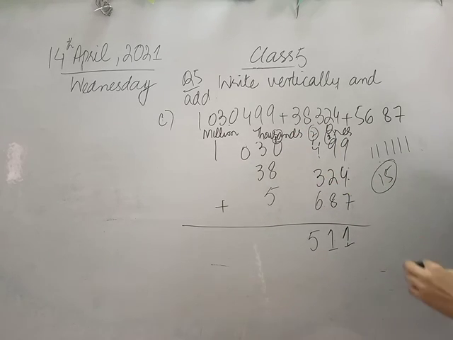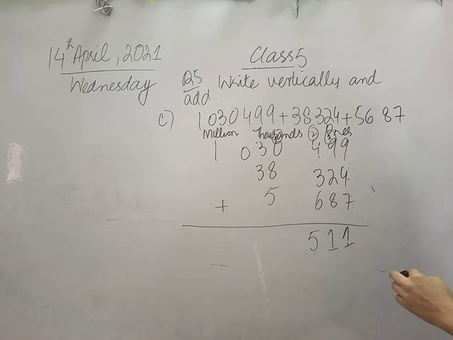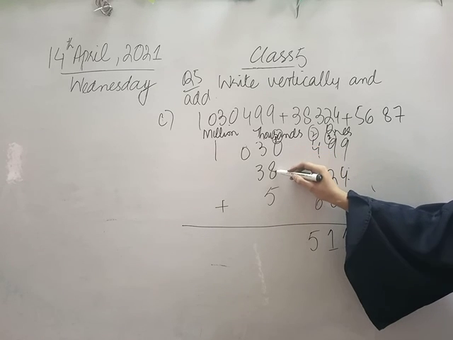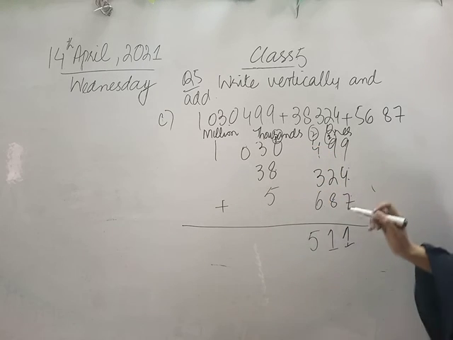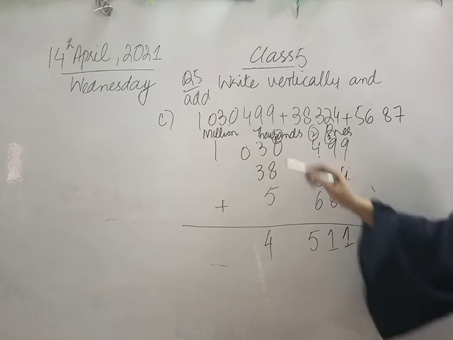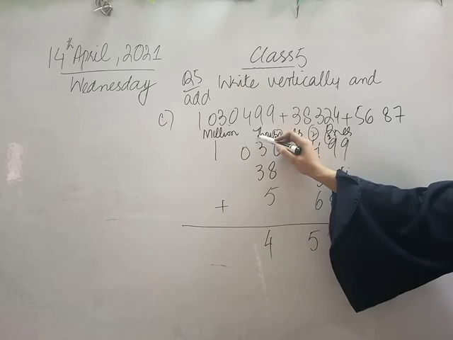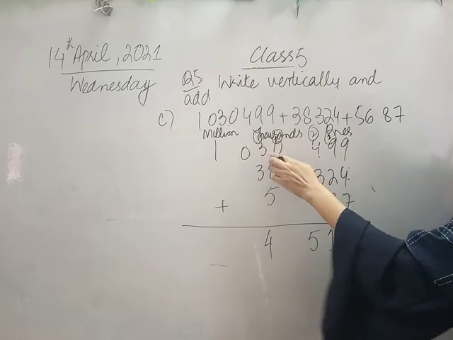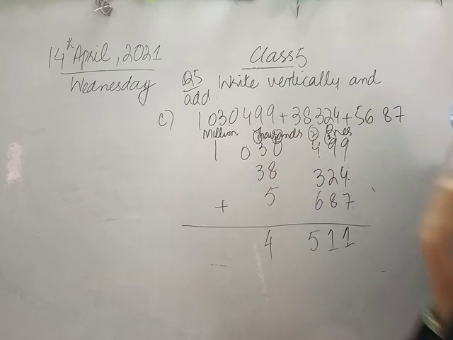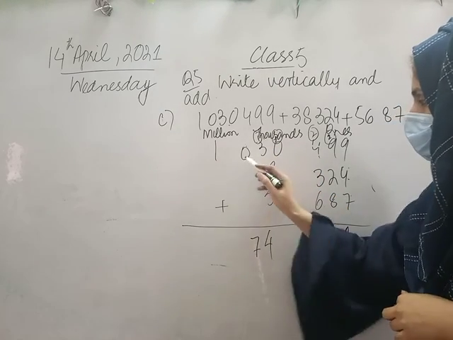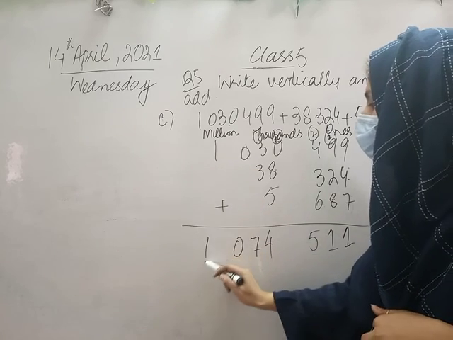Okay. Now the next number, which is 1 plus 8, 9 and 9 plus 5 is 14. 2 digits, so I will write 4 below 5 and 1 as a carry. 3 plus 1 is 4 and 4 plus 3 is 7. 0 as it is and 1 as it is.